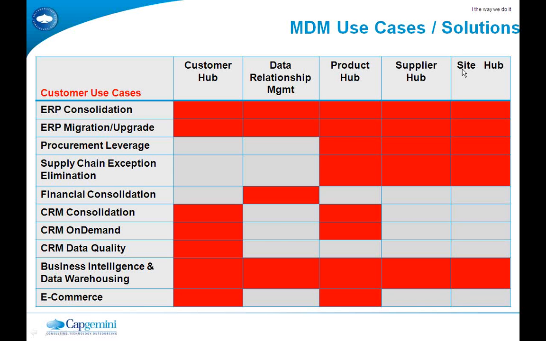Let's understand where that is. Consolidating financials, so we're going to talk about chart of accounts redesign. CRM, whether it be consolidating, whether it be leveraging on-demand versus on-premises, or data quality. That all falls in that play. Business intelligence and data warehouse. We see traditionally more data quality used here. What we're surprised by is we're not seeing as much master data management here.